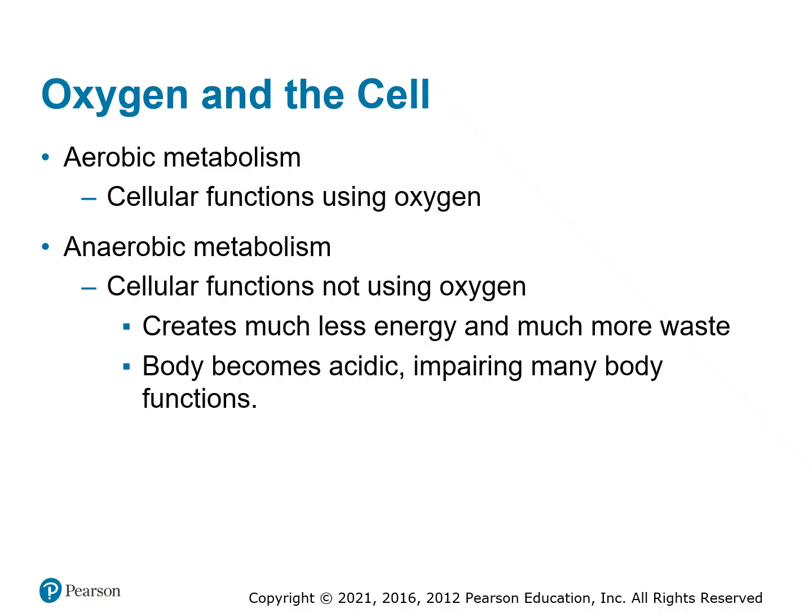We eliminate it when we exhale. Comes out as carbon dioxide when we exhale. That is our quickest way to get rid of it. Other ways we get rid of it is we might pass it through our urine. There's different ways that our body can kind of buffer it out. But the biggest way that we're going to get rid of it is by exhaling it.